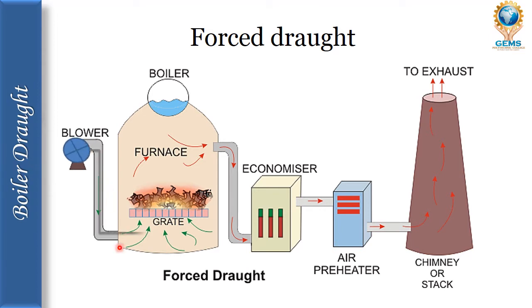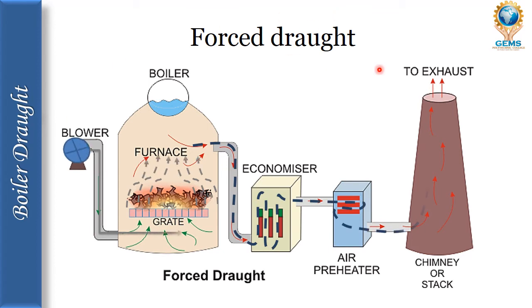When the blower runs, air from the blower goes to the furnace and the grate, burning the fuel, so that the exhaust gas goes through the economizer and the air preheater, and then through the chimney or stack to the exhaust. So this is the forced draft system. In this system, the pressure inside the boiler and the system is maintained higher than the atmospheric pressure.